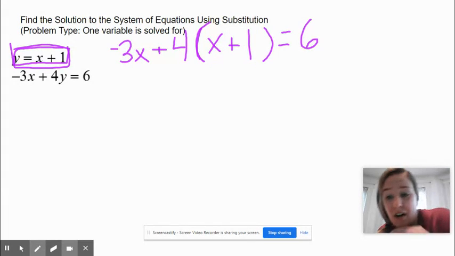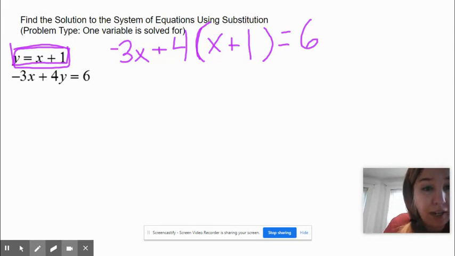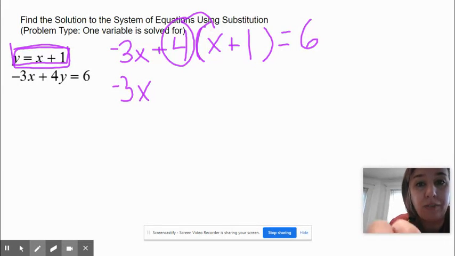And now I'm hoping we remember distributive property. So negative 3x comes down. Negative 3x. And now I need to distribute this 4 into here. I've got 4 times x, which is a positive 4x.